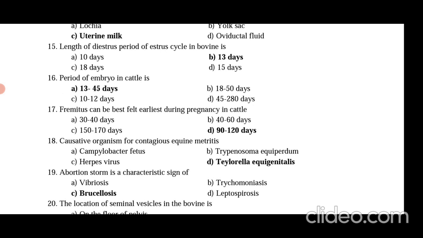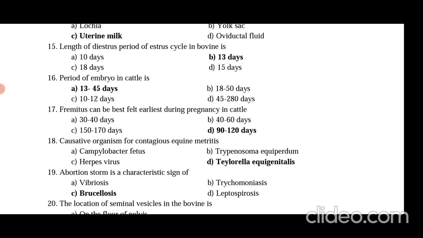Fremitus can be felt earliest during pregnancy in cattle at 90 to 120 days, 3 to 4 months. Within the 3 to 4 months of pregnancy, fremitus is best felt.